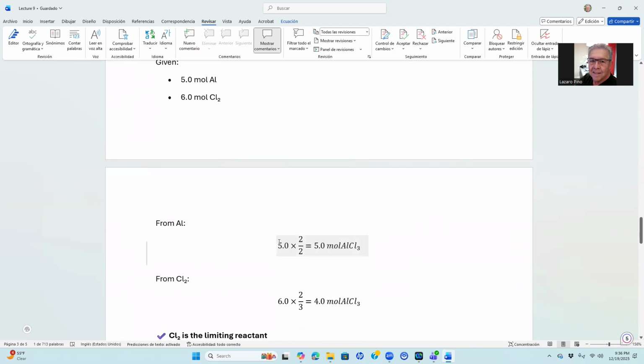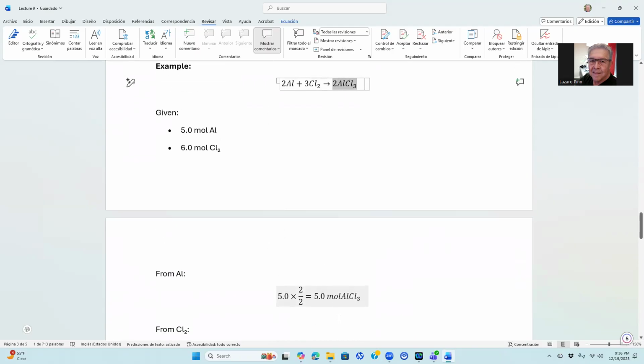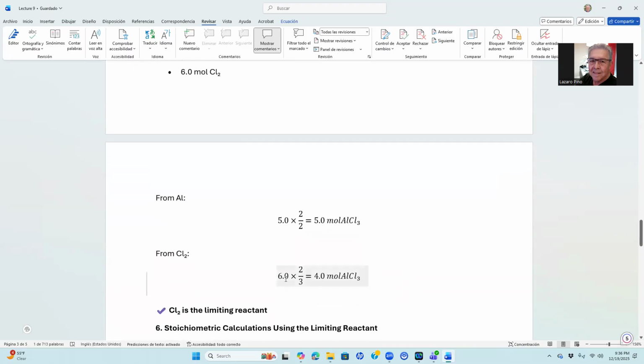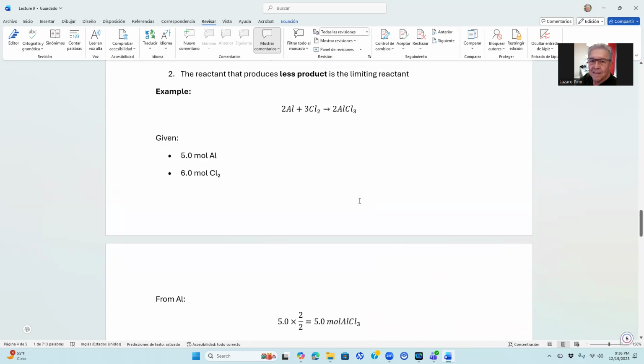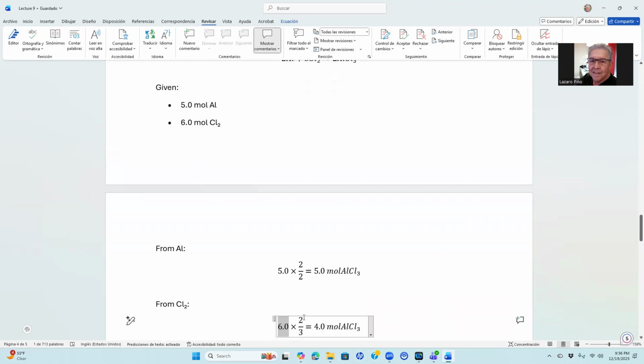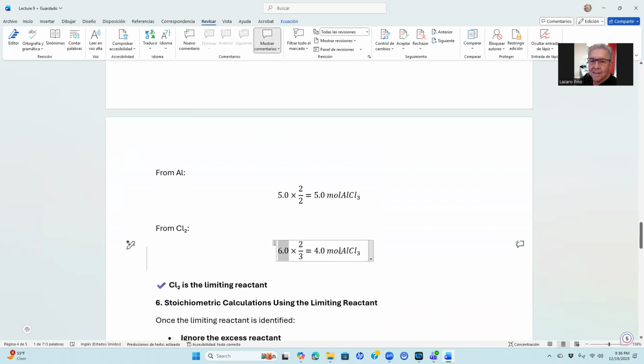Of course, 5 moles of aluminum will produce 5 moles of aluminum chloride. In the same way, with 6 moles of chlorine, knowing that 3 moles of chlorine produce 2 moles of aluminum chloride, 2 to 3, then you get 4 moles of aluminum chloride.